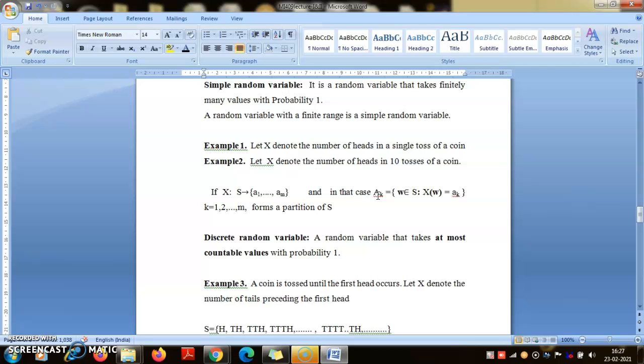Now a discrete random variable is an extension of this idea. Here the range was finite. Instead of finite, if it is a countable set, then it will be called a discrete random variable.